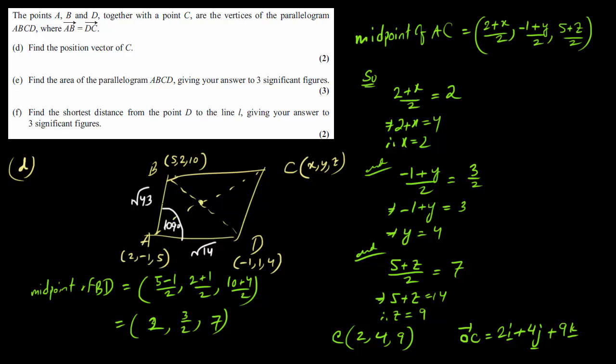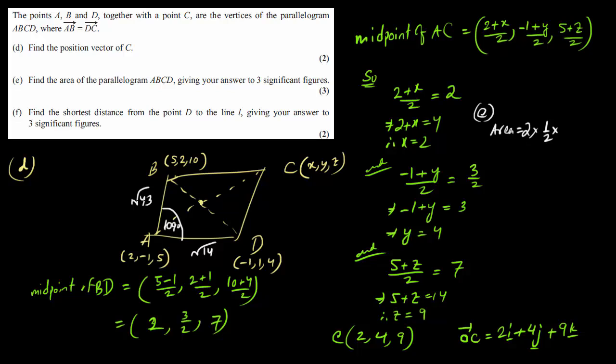Now let's find the area of triangle ABD. If we multiply by 2, we'll find the area of the entire parallelogram because it is made up of two equal triangles. So this is question number E. Area equals 2 into, since there are two triangles, half AB sine theta.